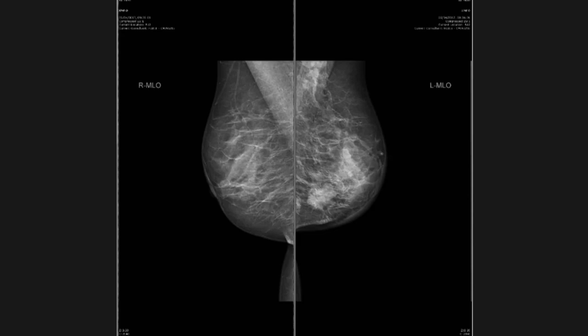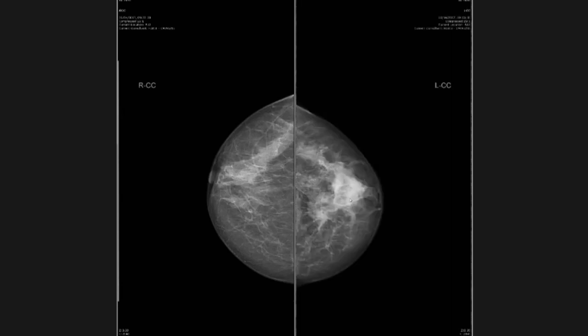The right breast appears to be fairly unremarkable. I would also like to have a look at the CC view, and if there is any previous imaging available, I would also have a look at this.